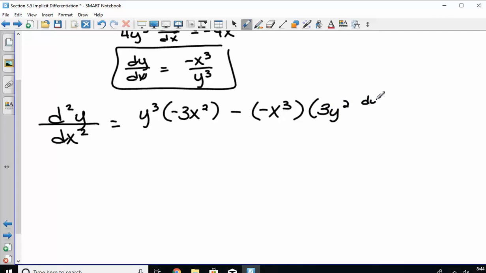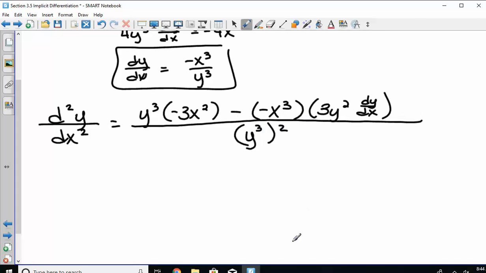You can just do the dy dx here because it is the derivative of y, it's just the first derivative of y right there. Over low squared.